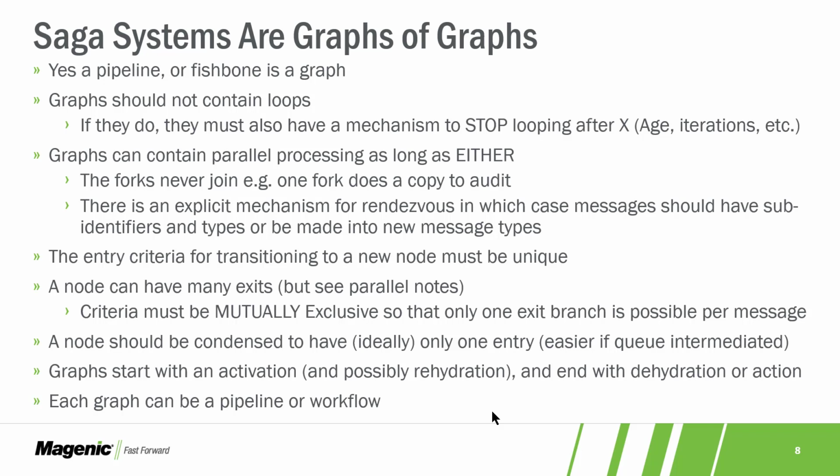And after the thing is fulfilled and we've sent it to shipping, then maybe that triggers a payment event. And all of those are their own processing graphs. And this is what we mean by Saga systems being graphs of graphs. And again, we should try to make sure that we have a degree of mutual exclusivity so that we don't end up doing something horrible in our processing. And we'll get to that in a minute.